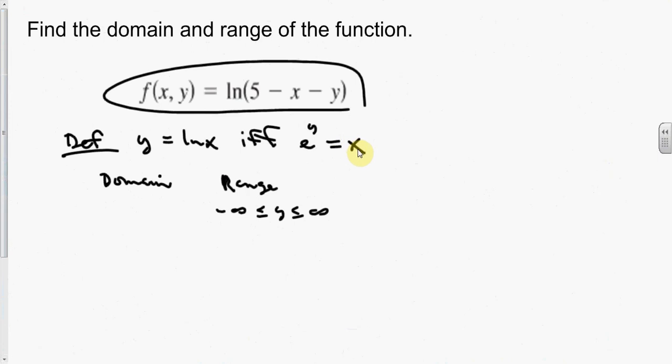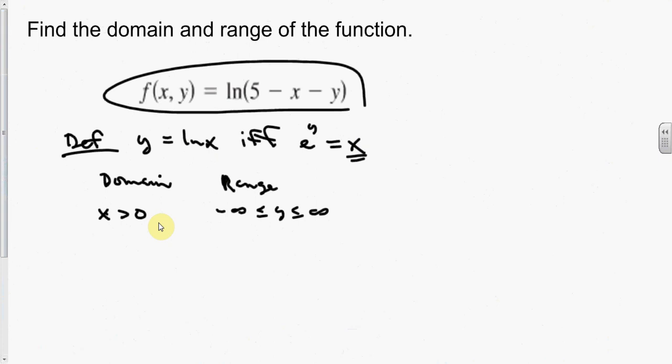But here, this domain for x, because if I take e, a fixed number, and then raised to the y, then the result of that is always positive, right? As a matter of fact, it can't even equal 0. It could be very close to 0, but it cannot equal 0. So here, for my domain for this x, x is greater than 0.